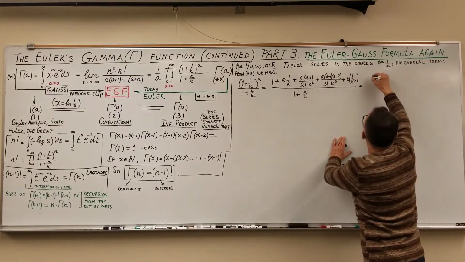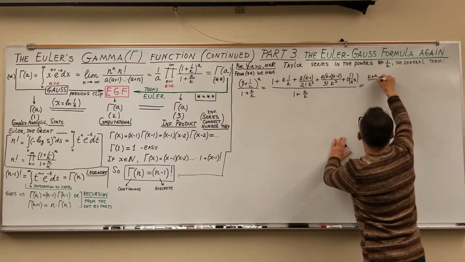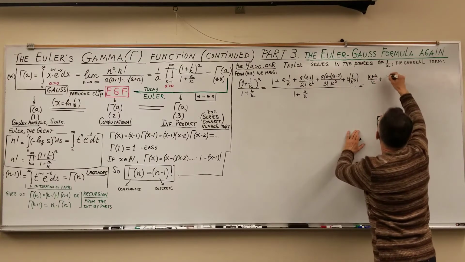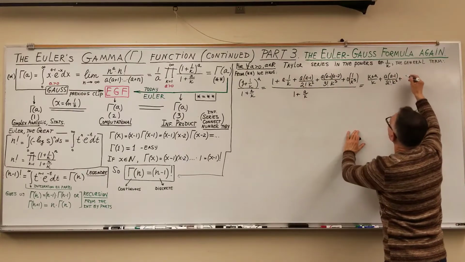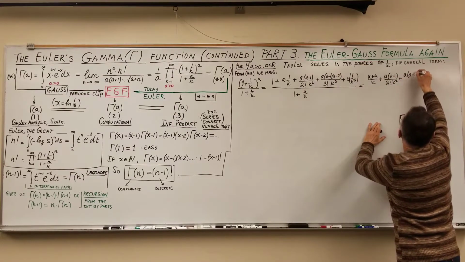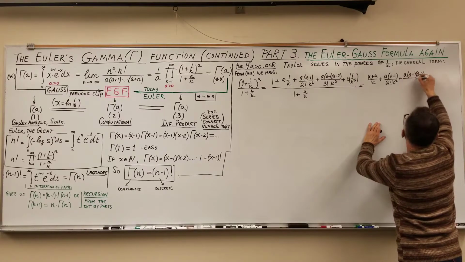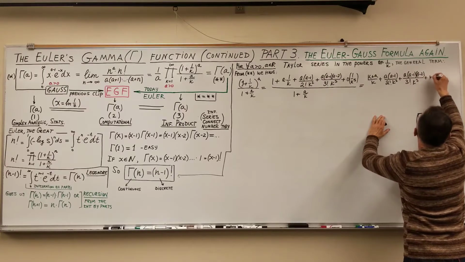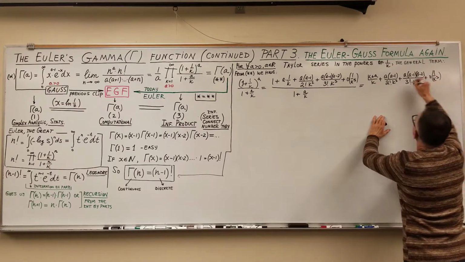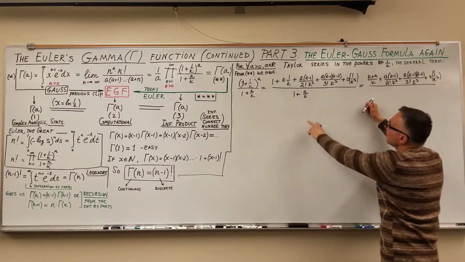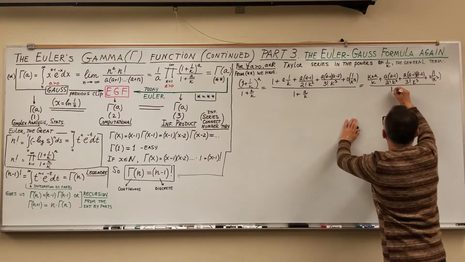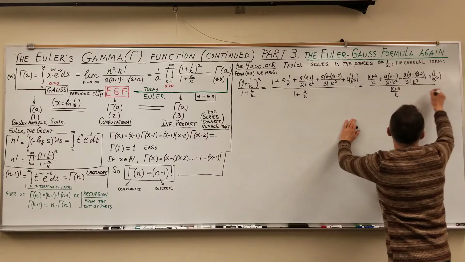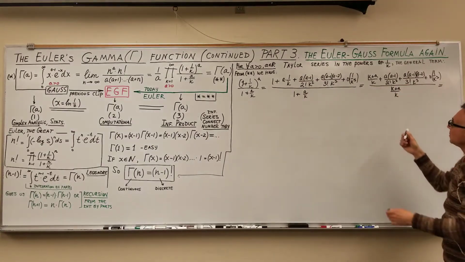So it will be k plus a over k plus a minus 1 over 2 factorial k squared plus a minus 1, a minus 2 over 3 factorial k cubed plus little o 1 over k cubed, over k plus a over k again. And that's equal to, you can see the same term, it's just 1.